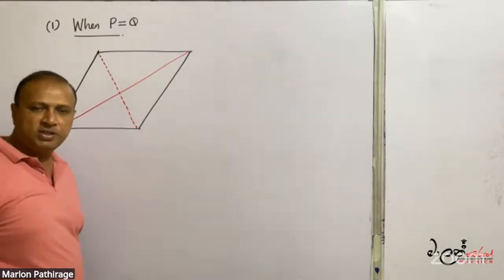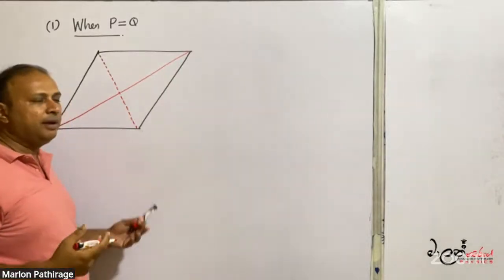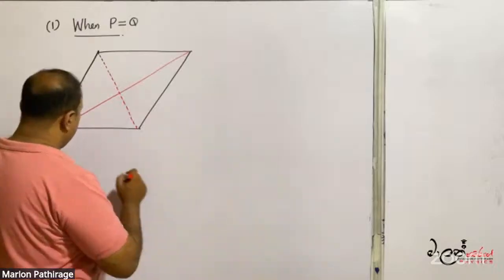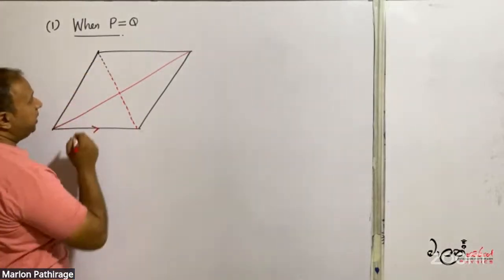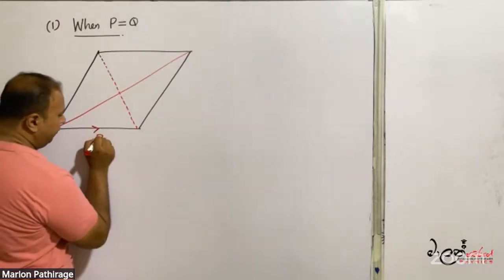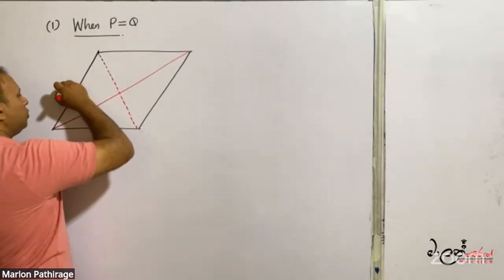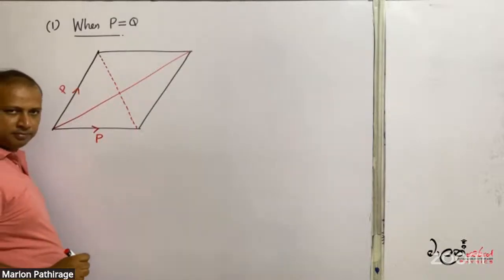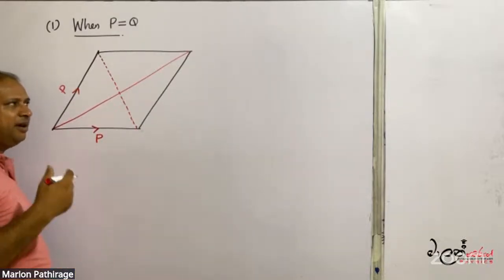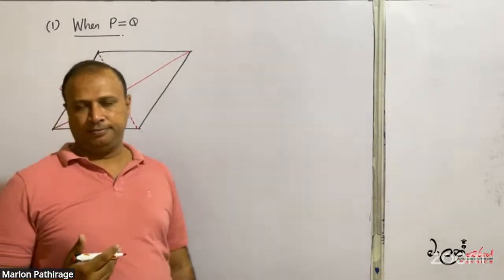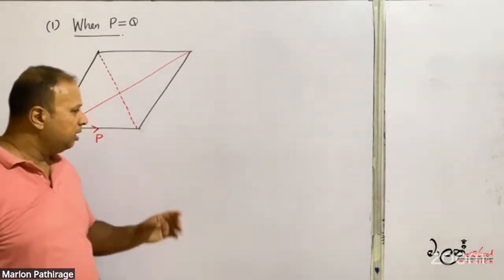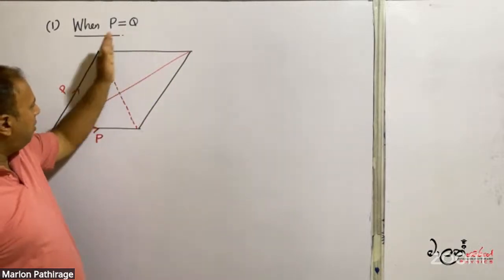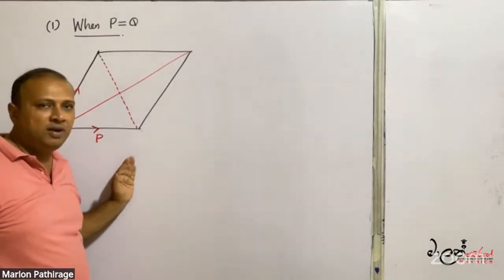So if it is a rhombus, what are the characteristic features of a rhombus? Now P and Q are equal to each other, so if this side is P, this side is also P. First characteristic feature is all the sides are equal in length.